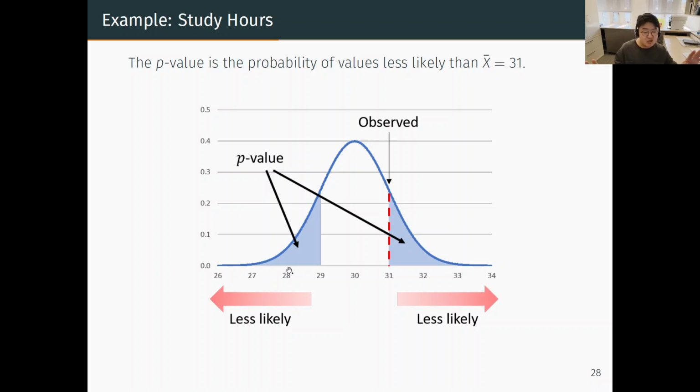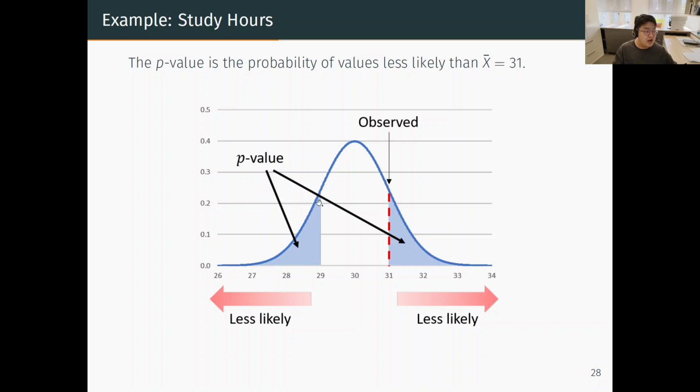They deviate from my hypothesis, but in different directions, right? 31 is plus 1 from my belief. But 28, for example, is minus 2 from my belief. So even though the direction is the opposite, the negative side outcomes are also equally suspicious, equally different from the positive side. So we have to think about the negative shocks equally as the positive shocks.